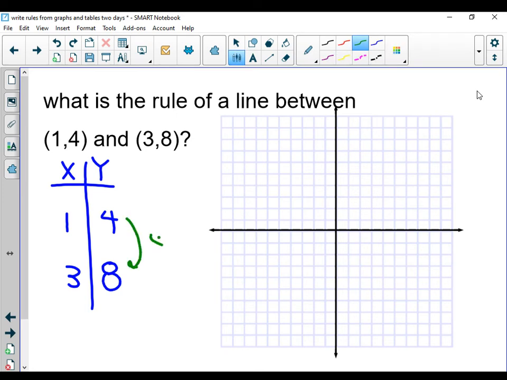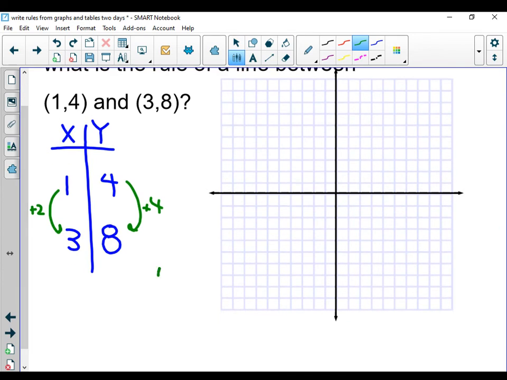What's my pattern from 1 to 3? Plus 2. I think I have a slope of rise 4, run 2. Simplify though. Rise 2, run 1. So there's some numbers hiding in here, like 4 plus 2, 1 plus 1.